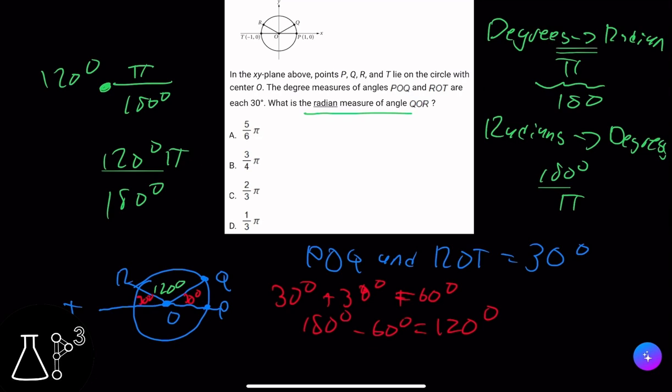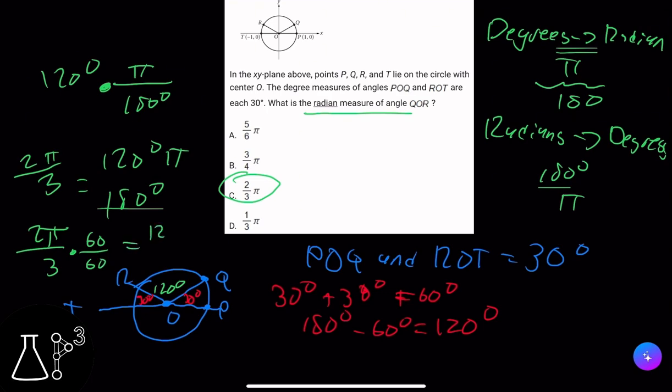Therefore, 120 pi over 180 is equivalent to 2 pi over 3, because it's just simplified. So the answer is C. You can see that if I take 2 pi over 3 and multiply both the top and bottom by 60, that equals 120 pi over 180. So they're both equal, and it's just a simplified answer. Therefore, our answer is C.